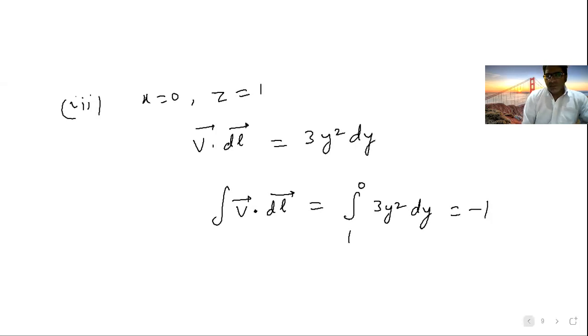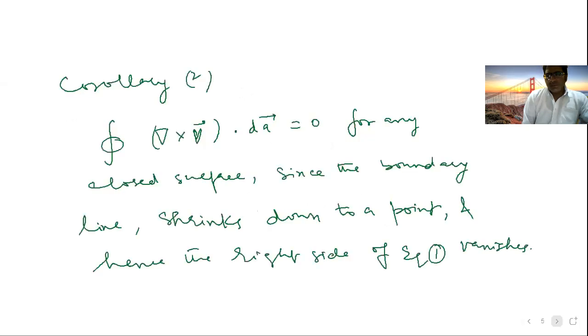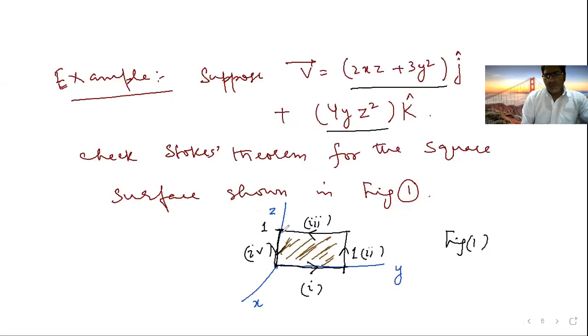Let me check this. For the third piece, x is 0, z is 1. See, for this third piece, x is 0, z is 1 here, right? And I am moving along the y direction. Therefore, my displacement will have only a y component. And the y component of v is 2xz plus 3y squared. Now, since x is 0, this term will vanish.